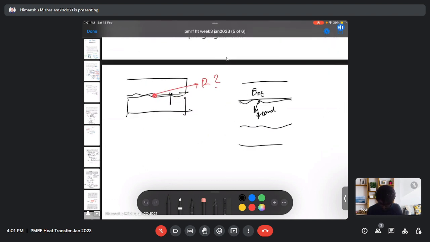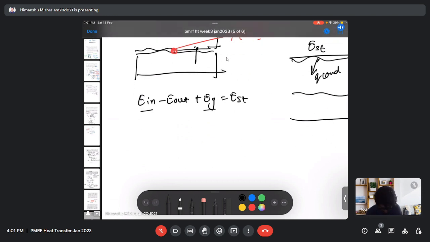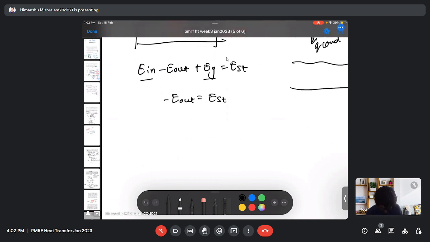So my governing equation will be, now there is no heat input and heat generation, so it will be just E out minus energy storage, and my E out is due to the heat conduction, and I'm writing in terms of per unit area. So this is my equation.